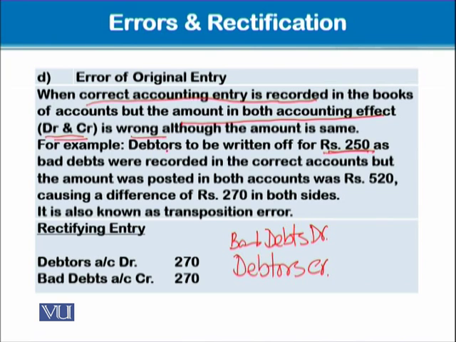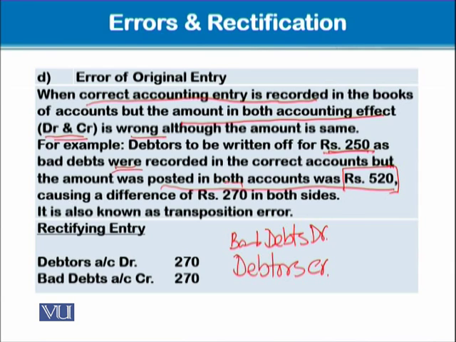Instead of doing this with 250, it is over here. Bad debts were recorded in the correct account, but the amount was posted in both accounts as 520. So what happened?